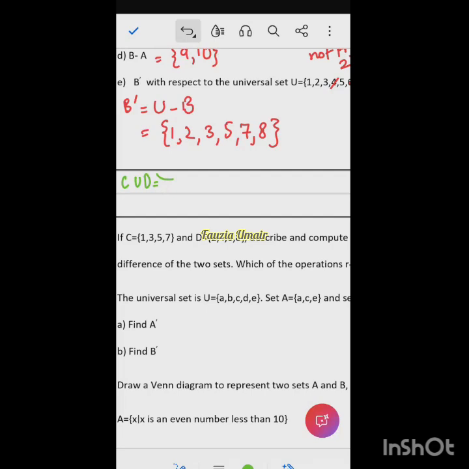We are talking about everything: 1, 3, 5, 7, 2, 4, 6, 8. We will write it in order, right? So 1, 2, 3, 4, 5, 6, 7, 8. We try to write in order so that if we are doing any other operation it is easier, although order does not matter. If you do not follow the order, your answer will still be correct.